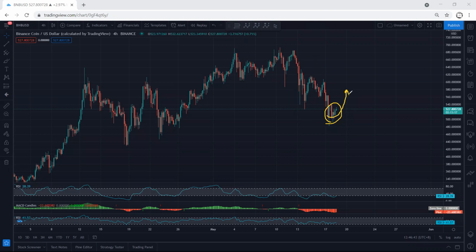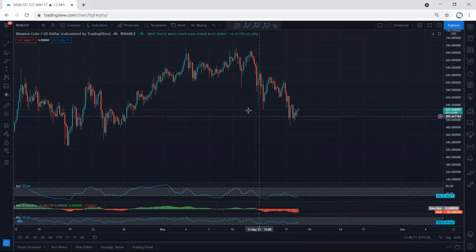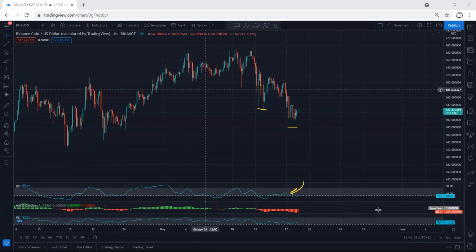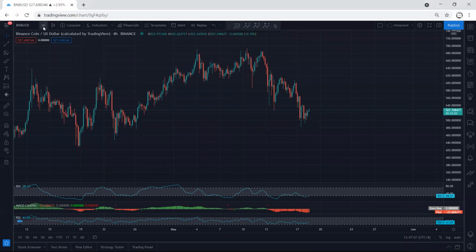Either the price reverses from here, or this one turns to a corrective move for one more drop before we get the reversal. If we refer to the indicators, if we put this low relative to the previous one, we have a divergence based on these indicators. But MACD doesn't show us divergence. That's why we can still expect this one to turn to a deeper correction for one more drop. Based on the 4 hour chart, we don't have any trade setup.